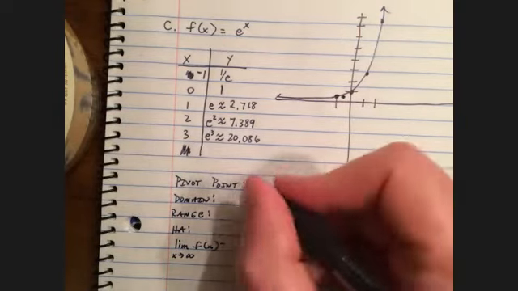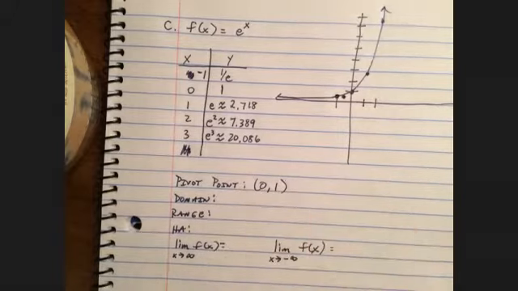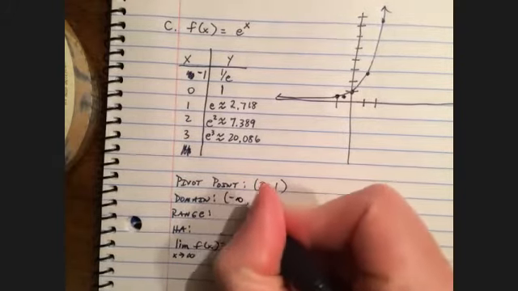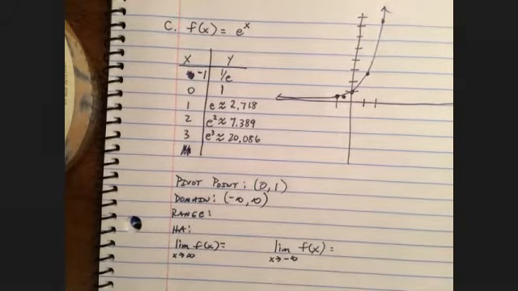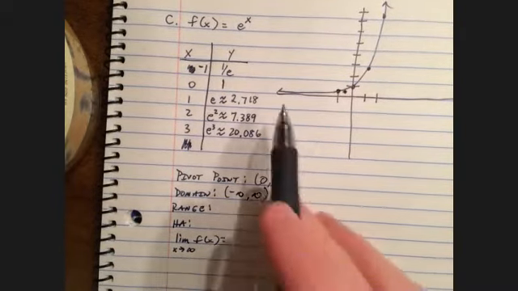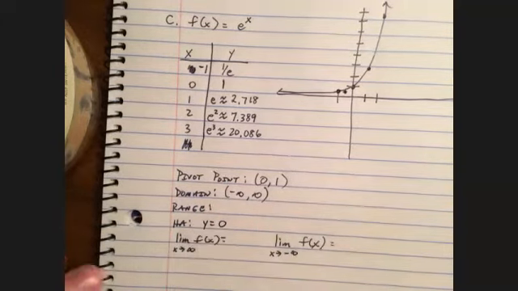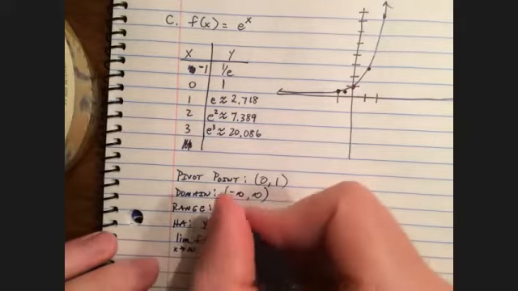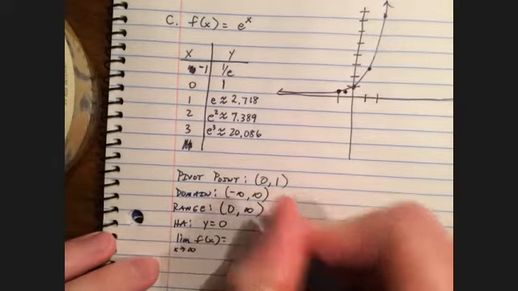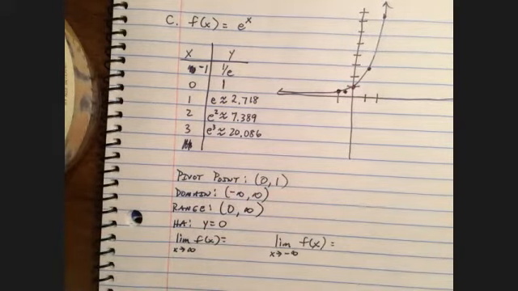Pivot point, still 0, 1. Domain, all real numbers. Range, well, this is the same thing as when we had 2 to the x. We had that horizontal asymptote at y equals 0. So I'm going to go in here and put y equals 0 for our horizontal asymptote, which means our range is everything from 0 up. And then we have our limits. I think the first one in your notes is limit as x approaches infinity.